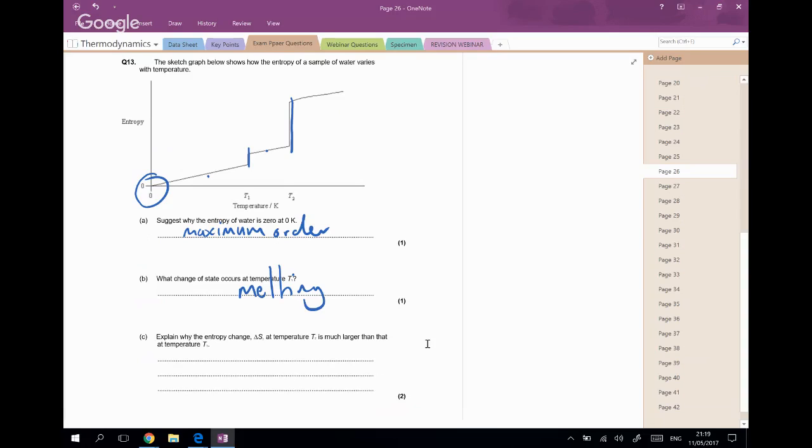And so the key that you want to say is that there is, this is a slightly odd question, to be honest with you, but what they're looking for is that there is an increase or a bigger increase in disorder, and you might qualify this at T2, i.e. when a gas is formed.